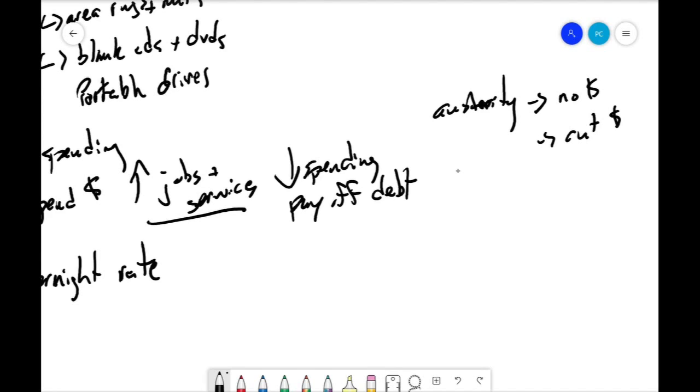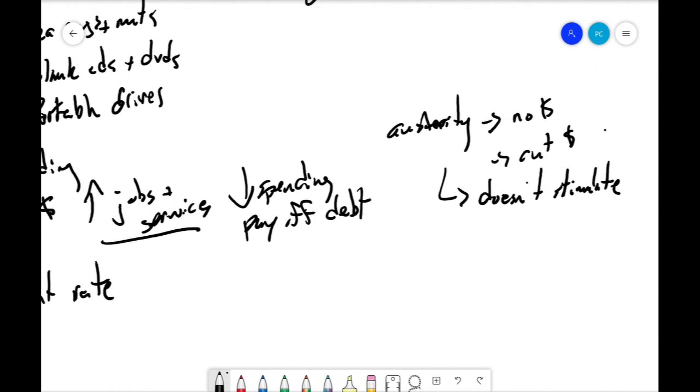The only problem with that is this, it doesn't stimulate growth, right? So basically it doesn't do anything positive for the economy.